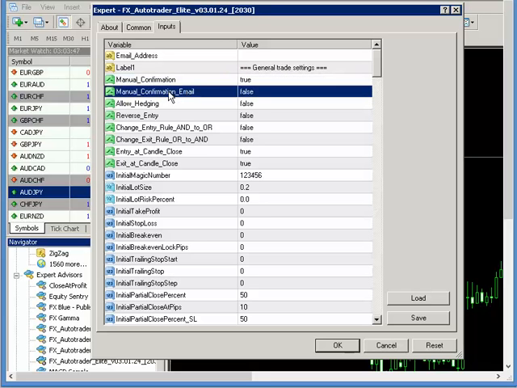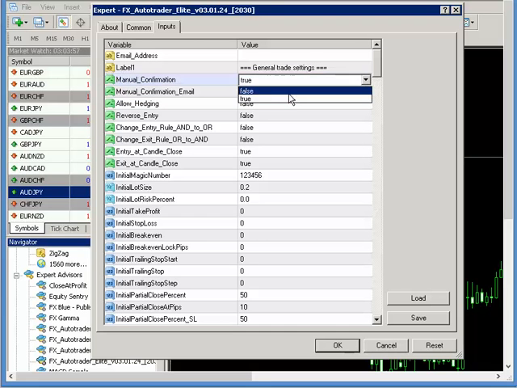Alternatively, you can also set up your platform to alert you via email that the EA is now ready to trade. So it's a nice alert feature, and you can use that especially if you're doing long-term trading. You might just want to double check that you're happy with the trade that the EA is going to take.